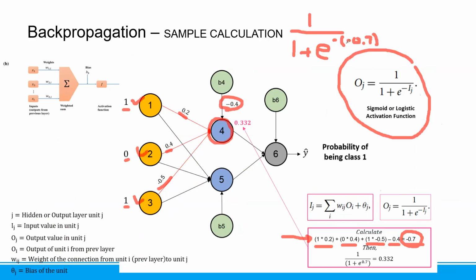Then because it is minus minus, we have the positive. So we have 1 divided by 1 plus the natural number to the power of 0.7. Then the result is 0.332. And we put this one as the value in this unit 4.